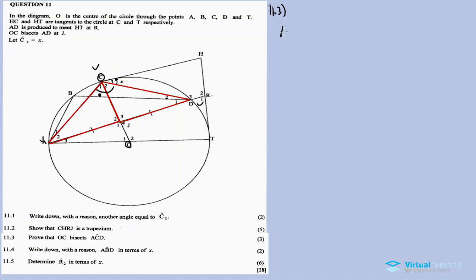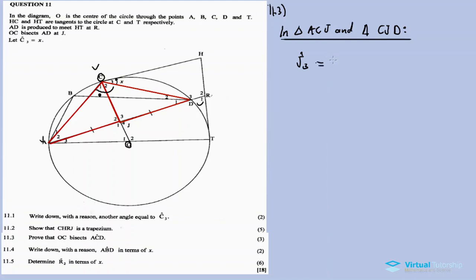Now we do this, so let's say: in triangle ACJ and triangle CJD, these two triangles, we want to show that they are similar to each other. Now, look, angle J3 was discussed in 11.2 when we were proving a trapezium.